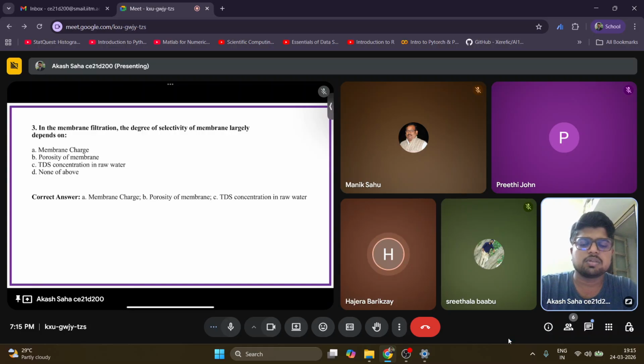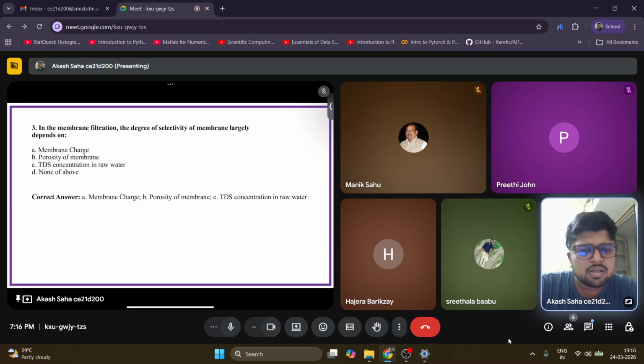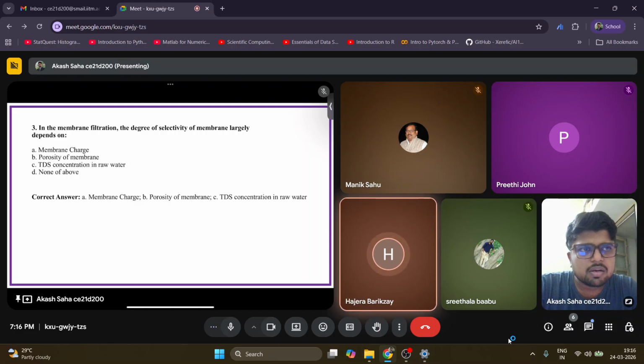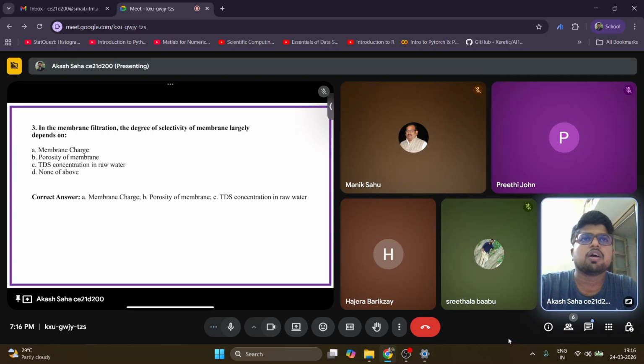Isn't it like this, that TDS, the total dissolved solids, will help in ripening of the filter? Ripening of the filter, you mean? Yes, ripening. See, actually, that depends on the type of membrane also.